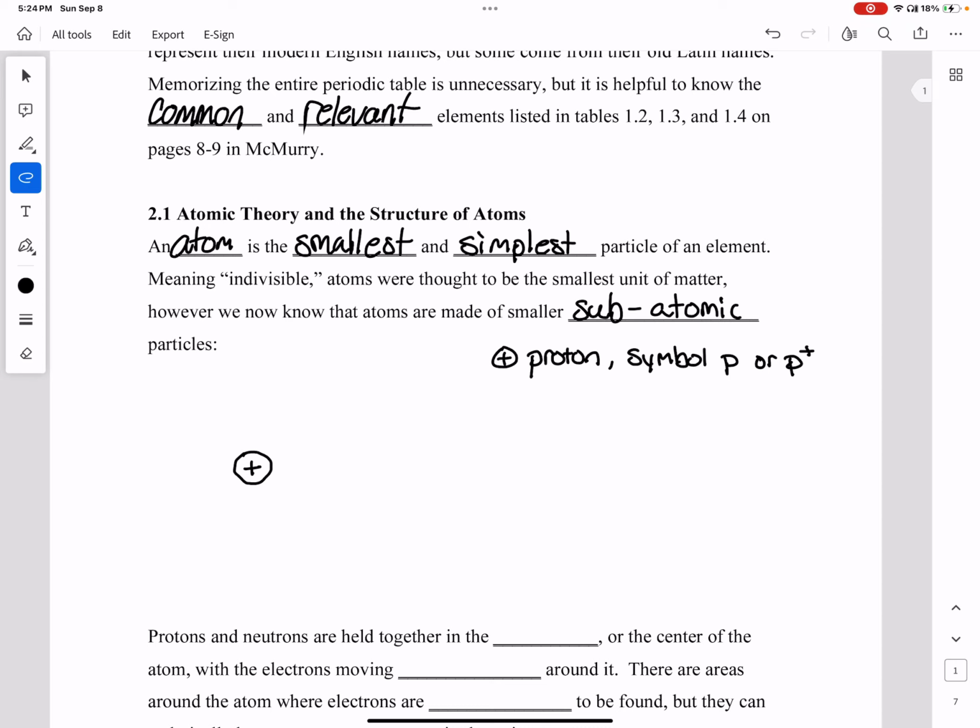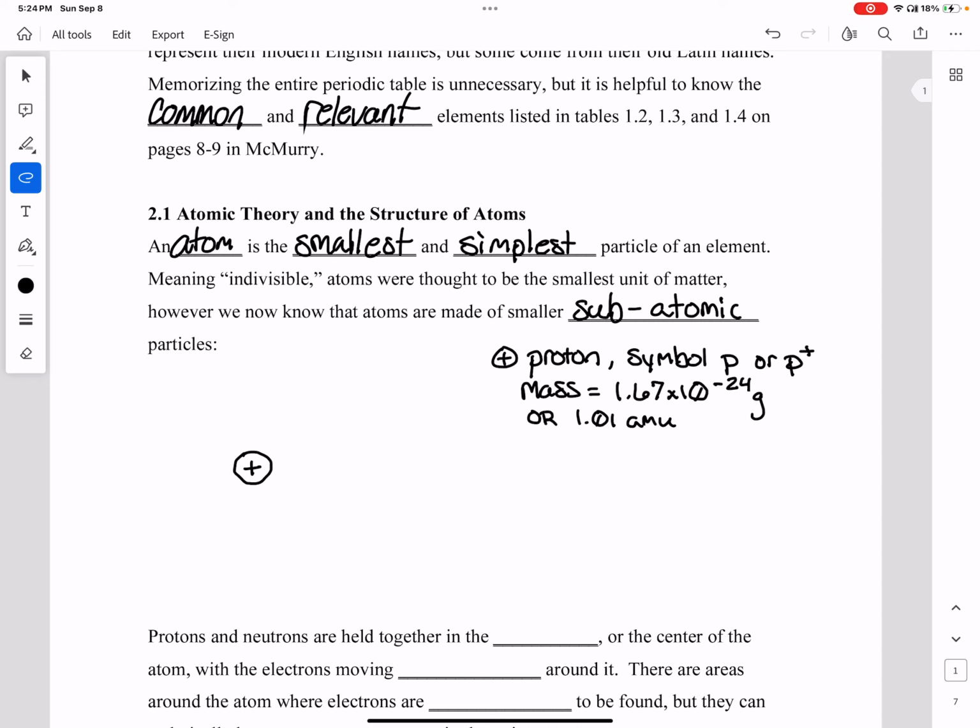And so this is a very small particle. The mass is 1.67 times 10 to the negative 24 grams, very tiny, or 1.01 AMU, which is an atomic mass unit.